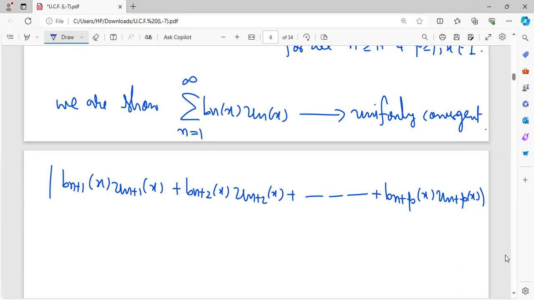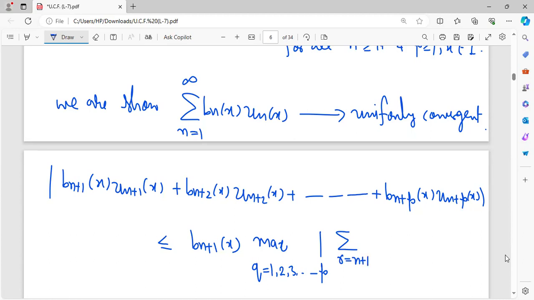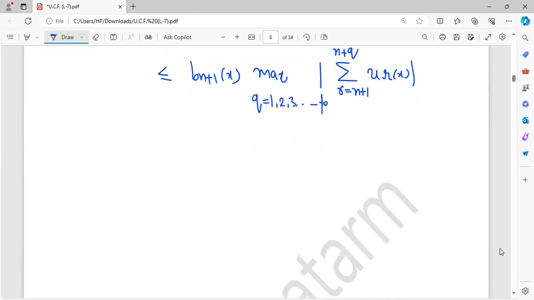So this will be bounded by b n plus 1 x, and we have to take the maximum over q going from 1 to p of the summation r goes from n plus 1 to n plus q of u r x. So how are we writing it like this?